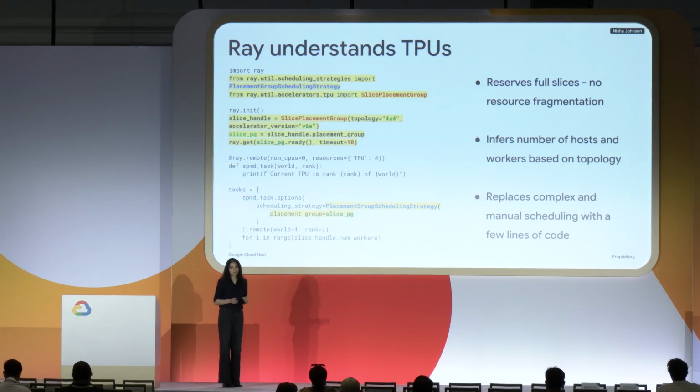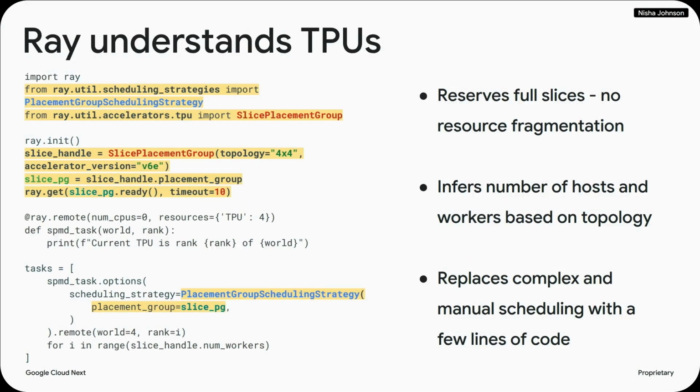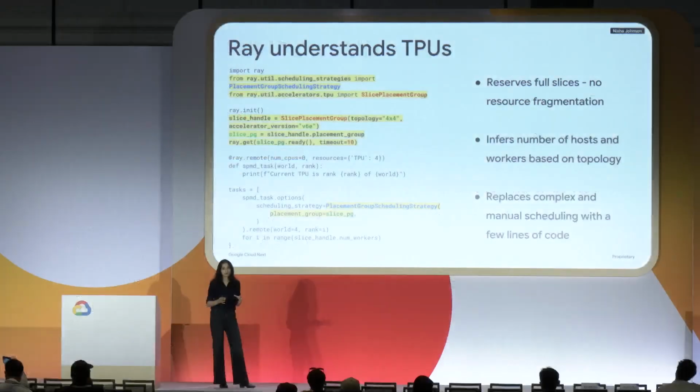Ray understands TPUs. Previously, before Ray had this TPU understanding, you had to write a lot of manual scripts to give Ray that understanding of how TPU devices and topology worked. Now you can use the slice placement group API in the Ray util library and simply select your topology, and Ray will automatically schedule the workers on it with an awareness of the hardware architecture.